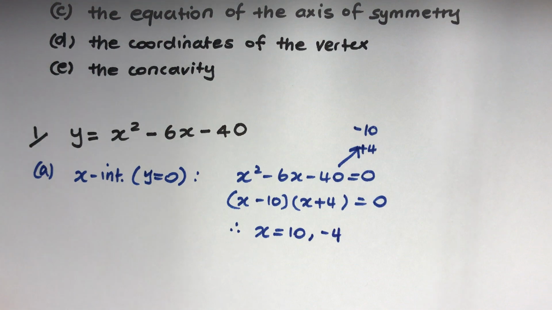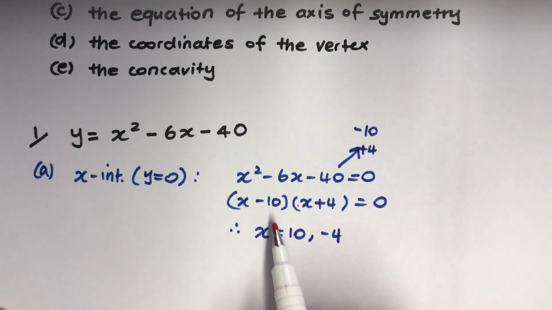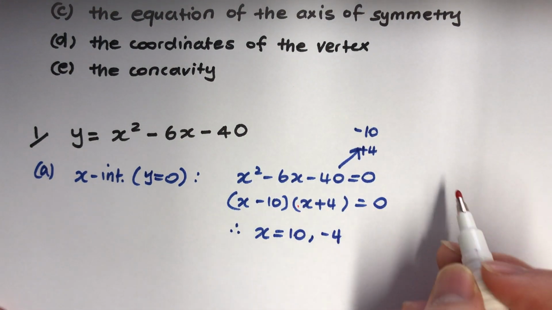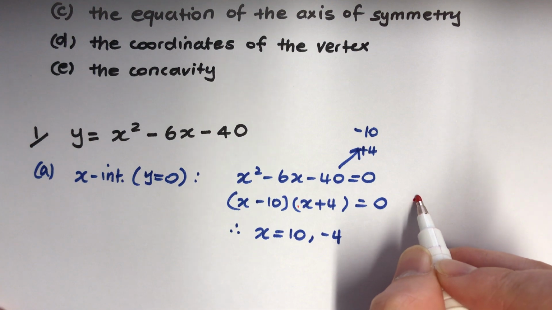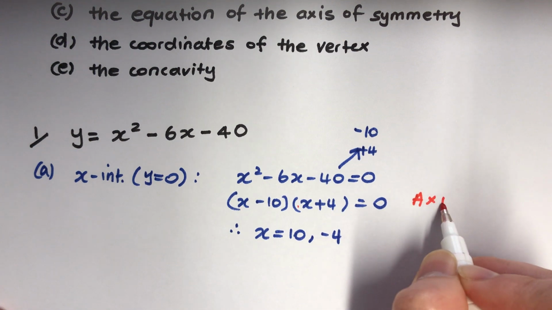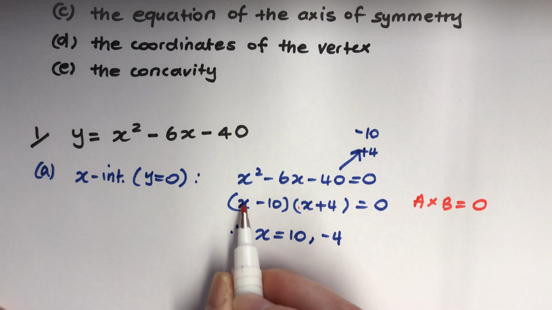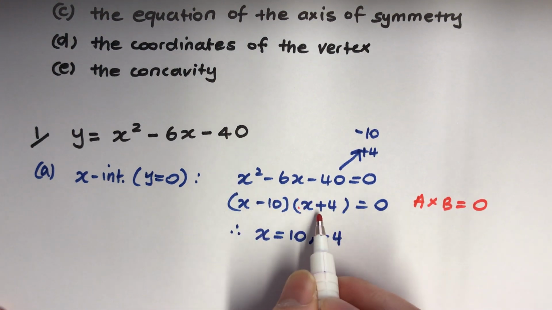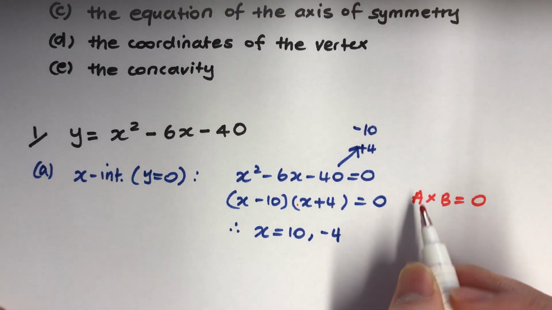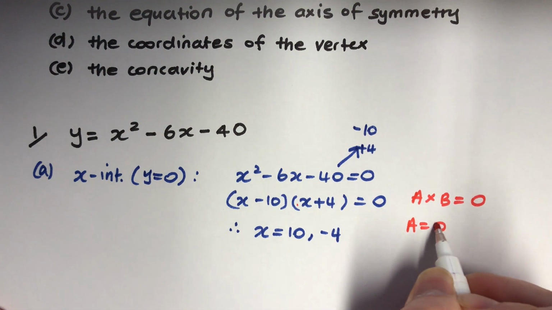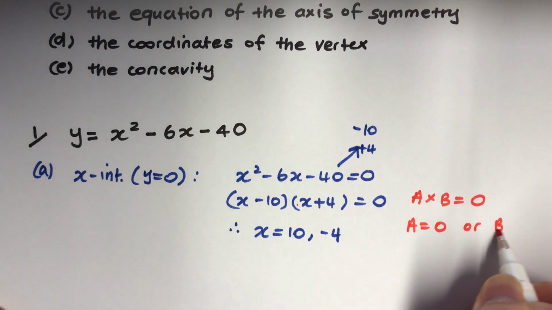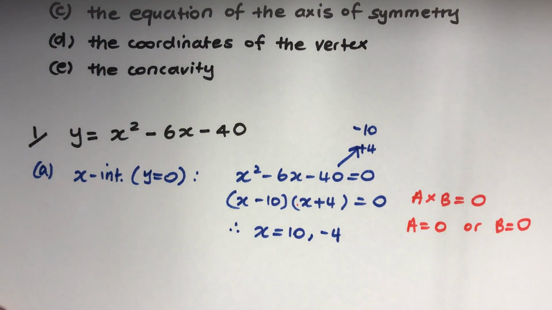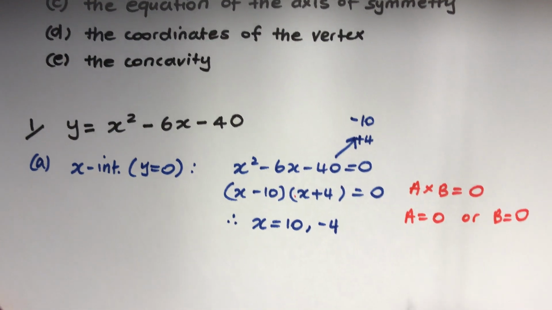And you might say, Miss, how did that become 10 and minus 4? It's like a times b equals 0, yeah? So that's my a, that's my b, and it has to be equal to 0. So it means a could be 0 or b could be 0, or both of them are 0.